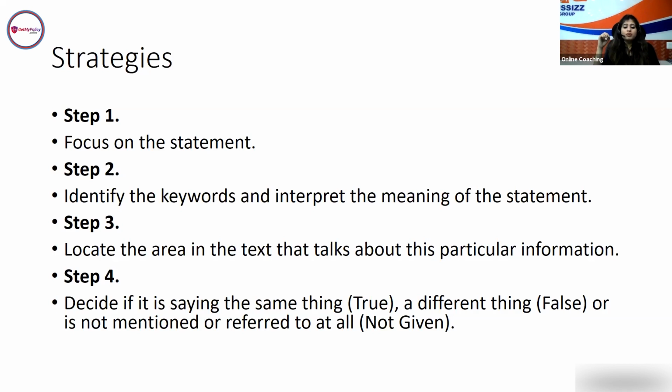Also, you can use a very important technique called the process of elimination. Now, what is the process of elimination? Process of elimination in headings, or it can be used in MCQs also, is when you eliminate all the wrong answers to figure out the right answers. So in this case, you can do it with the headings also.